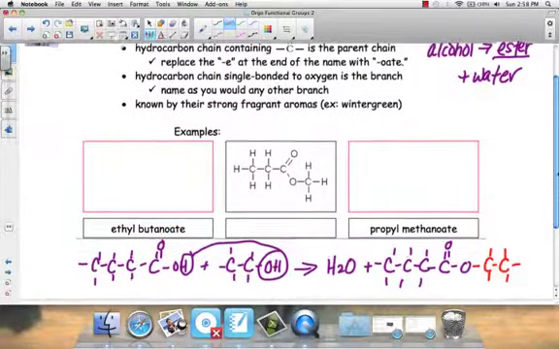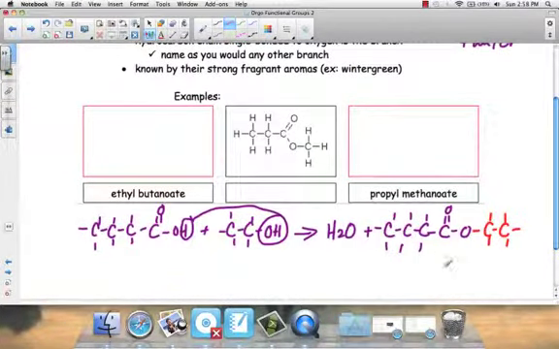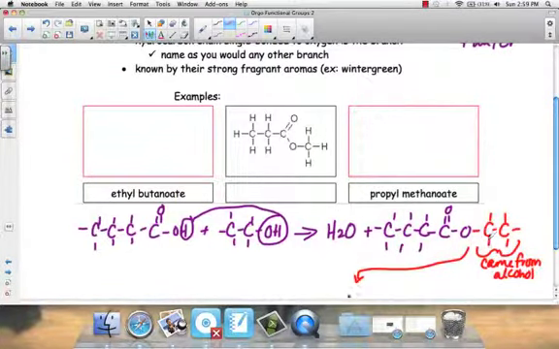So what I've actually just created is an ester. This is an ester. The last part of the compound came from the alcohol. So we're going to name this first. That's 2 carbons, so this is an ethyl group.